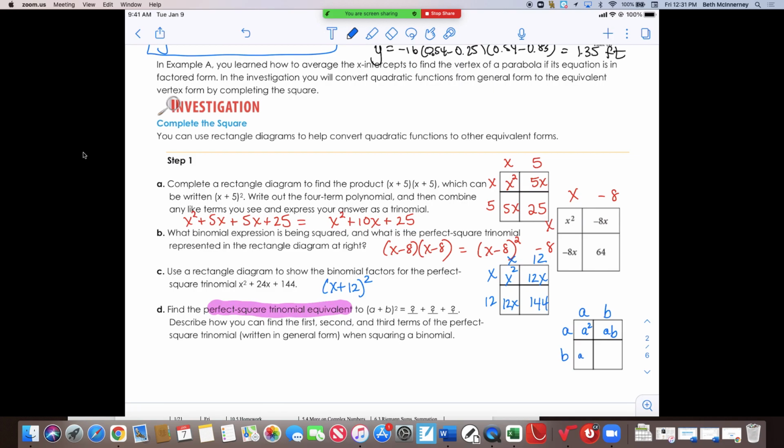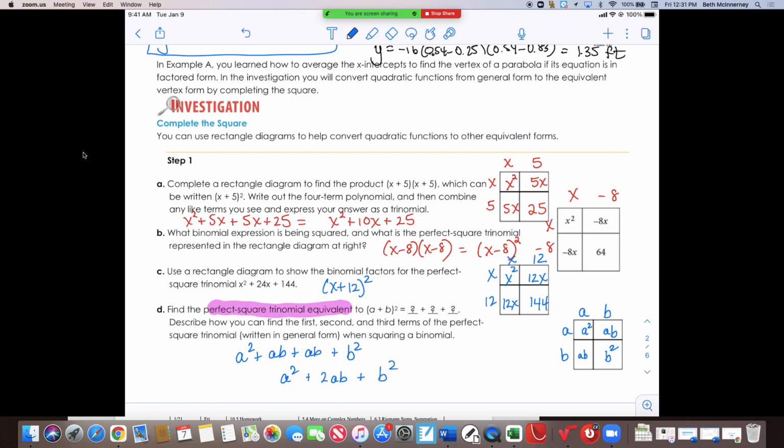BA, or we're going to turn it around to AB. And then Lawrence, what goes in the bottom right? We wouldn't say BB, B squared, right? Yeah, B times B. So this is A squared plus AB plus AB plus B squared, which is A squared plus 2 of the ABs plus B squared.